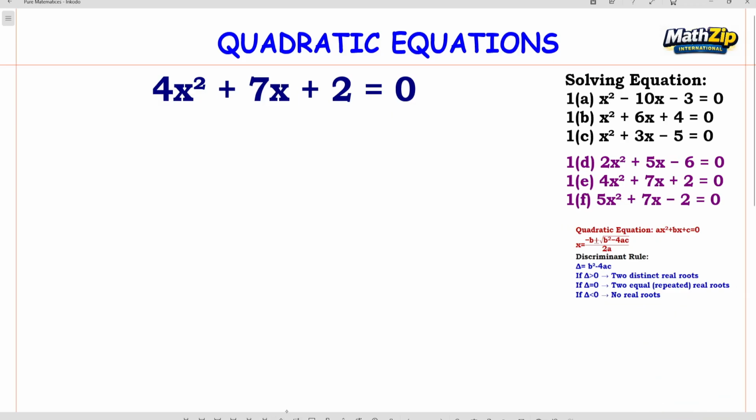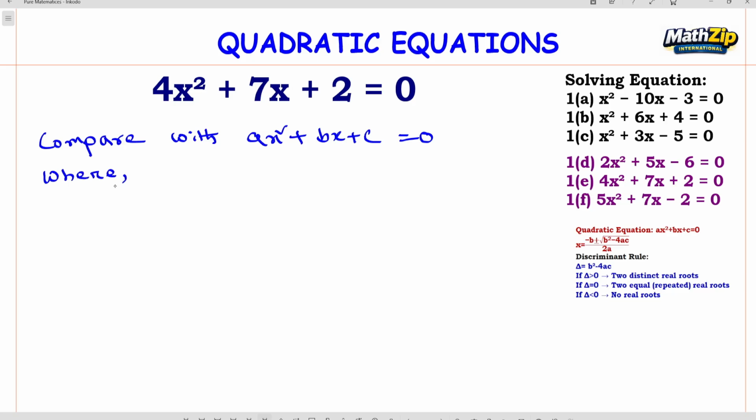Let's get started. First compare with ax² + bx + c = 0, where a equals the coefficient of x², which is 4, b equals 7 and c equals 2, right?